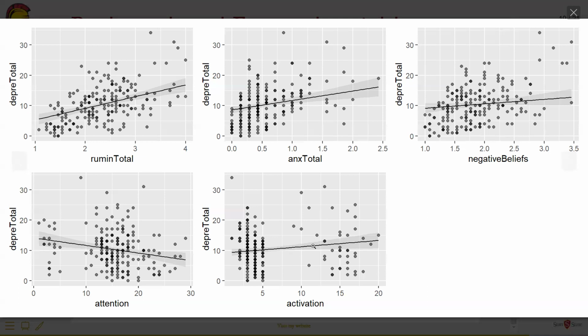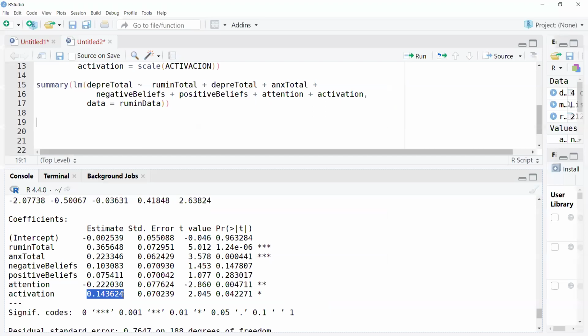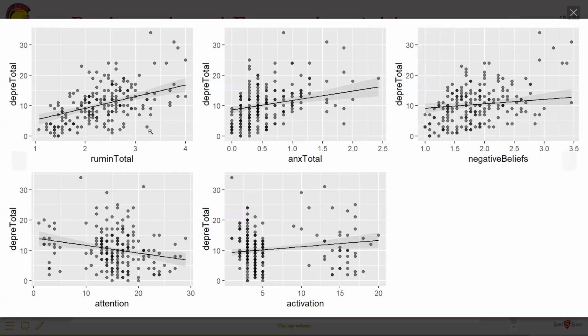It's almost flat. And that makes sense too, because the activation slope is 0.13, standardized 0.14. And it's very small compared to, for example, anxiety or rumination, right? They have a steeper relationship. The line of best fit goes more upward, right? So, yeah.